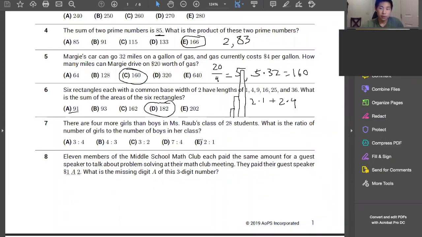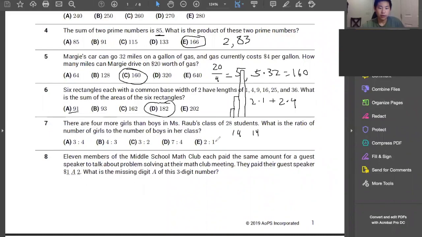Okay, on to question 7. There are 4 more girls than boys in Miss Rob's class of 28 students. We want to know the ratio of girls to boys. So the way we could first think about this is if there were exactly 14 boys and 14 girls, right? That would be 0 more girls.